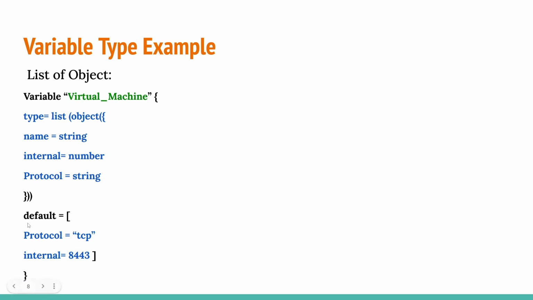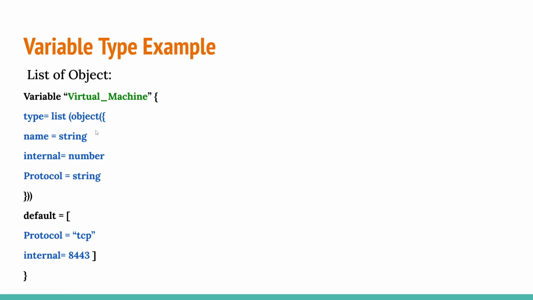For this one, the default value is defined. So protocol is a string, and I have defined TCP in double quotation marks, and internal, sorry, internal I have defined as a number, which is the port number. So this is the virtual machine variable, and we are going to define some syntax for that one.